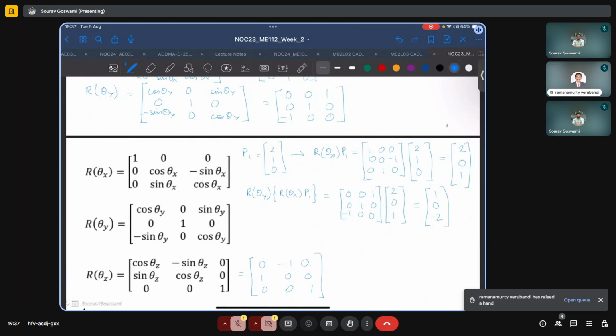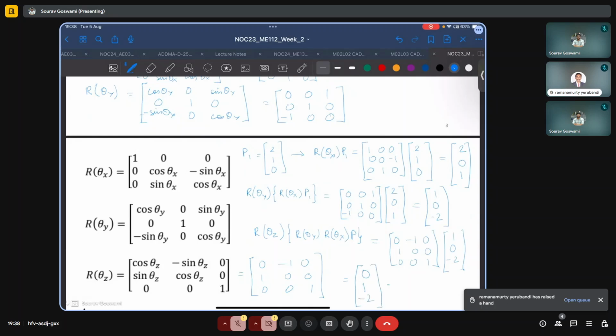And for the last step, we will do R theta z times R theta y R theta x times P, which will turn out to be 0 minus 1 0, 1 0 0, 0 0 1, times 1 0 minus 2, which will come out to be 0 times 1 plus minus 1 times 0 plus 0 times minus 2 is 0. 1 times 1 plus 0 times 0 plus 0 times minus 2 is 1. 0 times 1, 0 times 0, and 1 times minus 2 is minus 2.